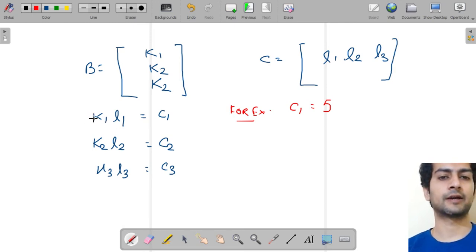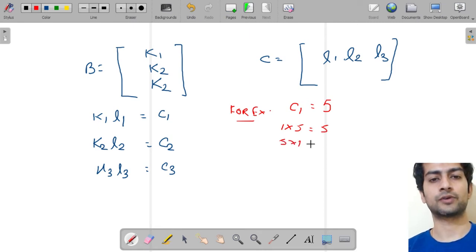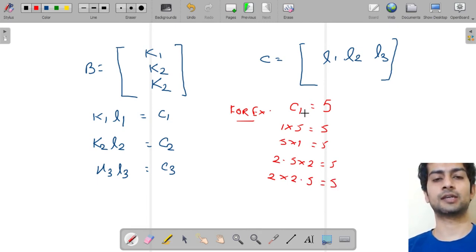If I write K1 L1, 1 cross 5 is 5, or 5 cross 1 is 5, 2.5 cross 2 is 5, 2 cross 2.5 is 5. So we can see that for one value of C1, there are 4 possibilities. That is, we will get 4 types of state equation. So I'm trying to teach you why our state equation is not unique.